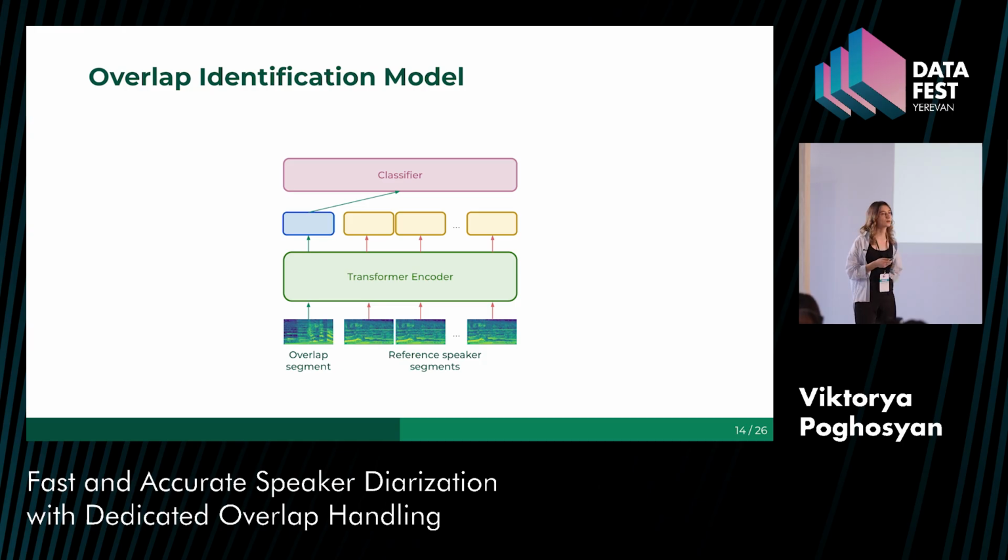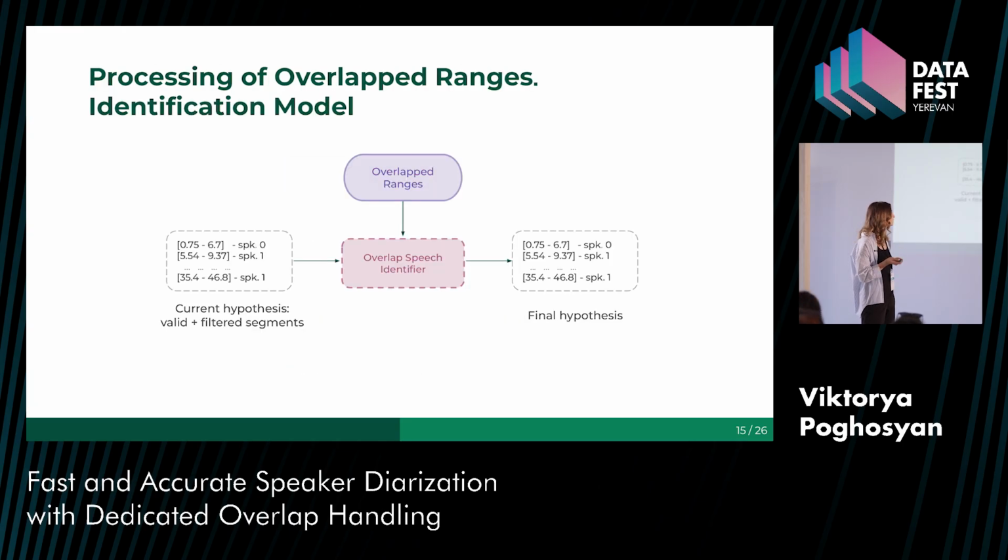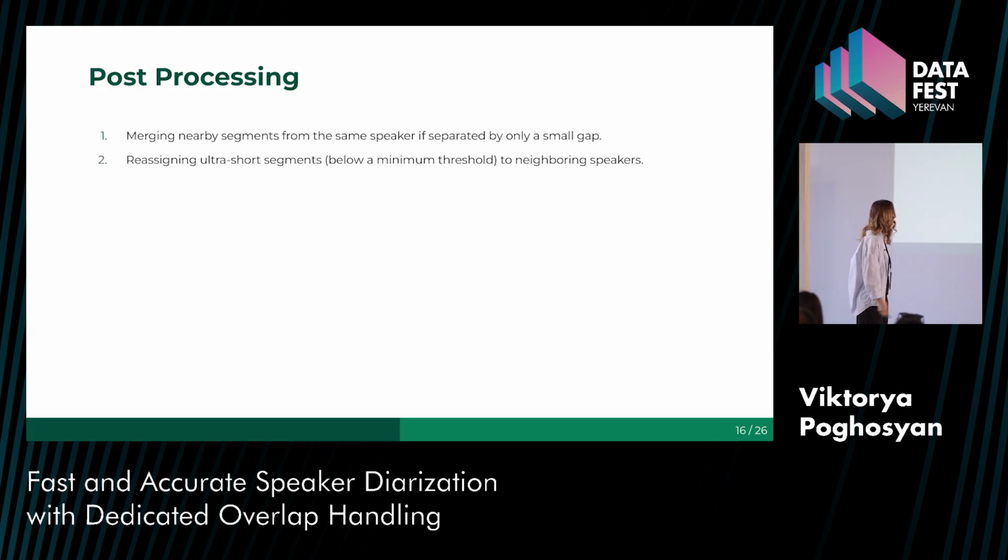And the goal of this model is to determine if the reference speaker is present in the overlap segment. Then we replaced cosine similarity and the attention-like mechanism with the trained model and updated the overlapped speech hypothesis in the same way as in the previous 2 cases.